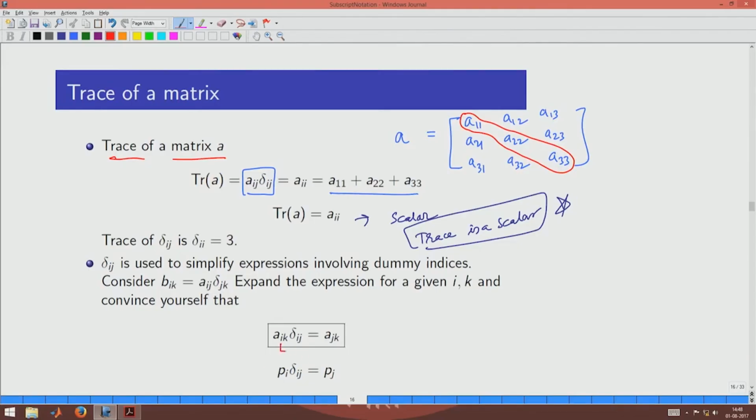So, the remaining index is going to be used here. So, the j is going to be replacing that index, and then you have got Ajk. So, the way delta is used is to replace the indices of expressions. What we do is basically look at the indices. If delta has two indices, in this case i and j, see which of them is matching with the quantity and then put the other index there.